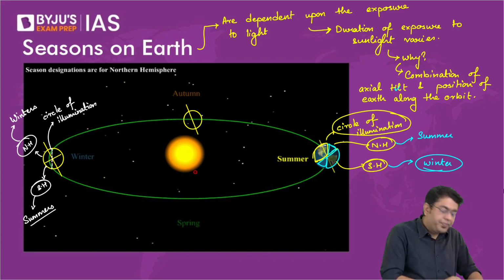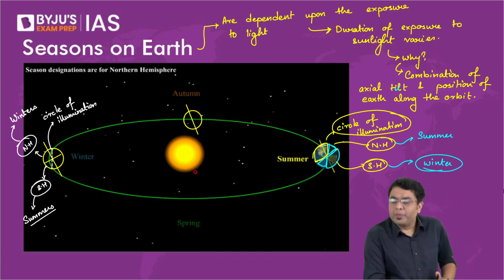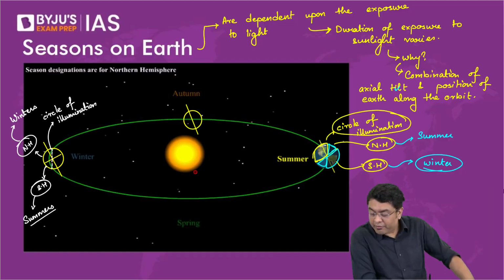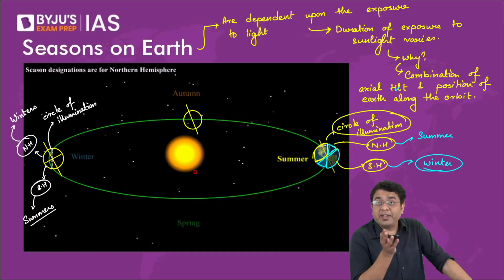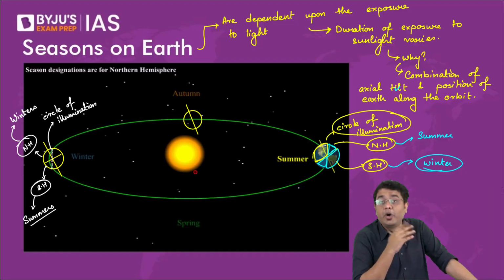But here, if I have to ask you whether it is tilted towards the sun or away from the sun in this case, what do you think? Is the northern hemisphere tilted towards the sun or is it away from the sun? What do you think is the case?